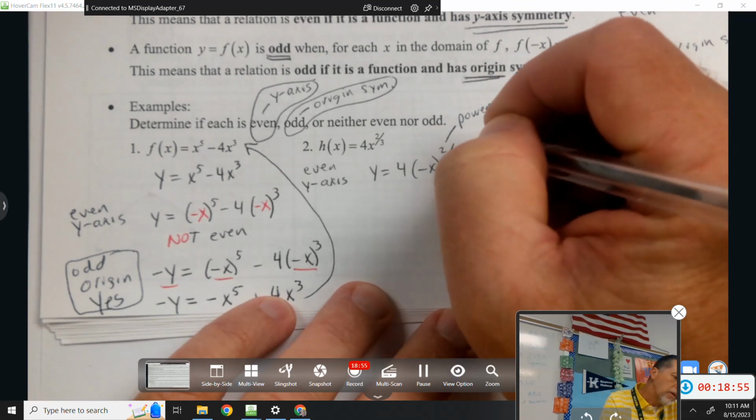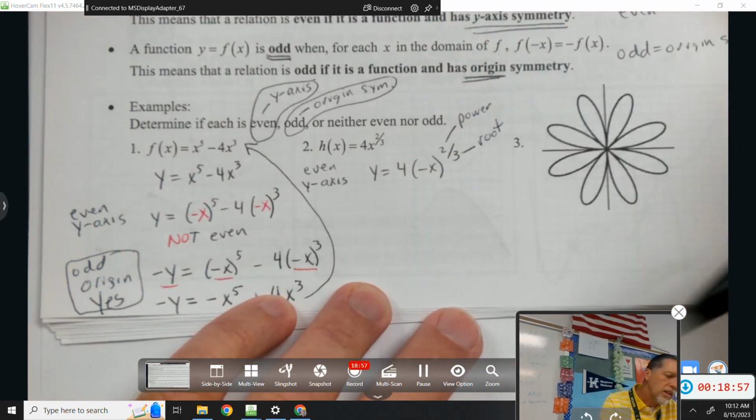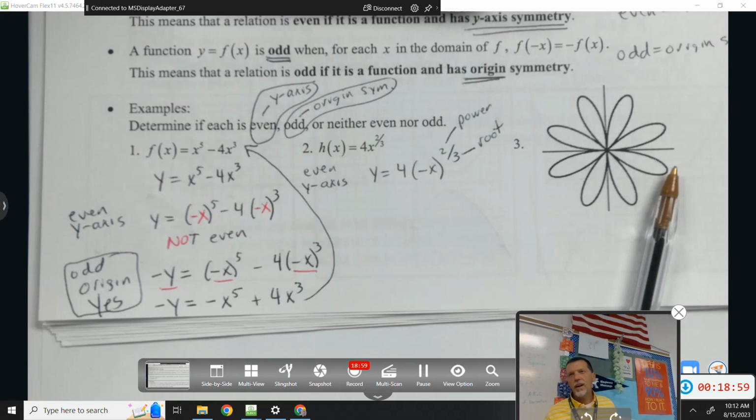Top number is the power, bottom number is the root. I don't know how far in our department it's infiltrated, but we used to have a teacher here who used to say the flower power grows on top and the root grows underneath. So it's kind of silly, but it helps you remember which one's which.